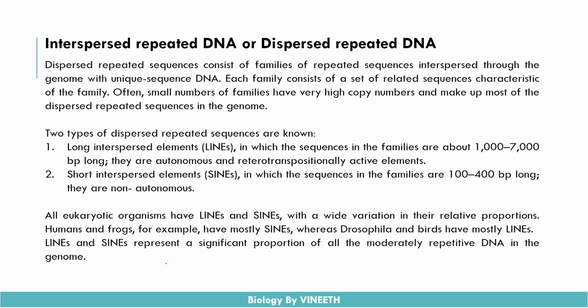So LINEs: the name stands for long interspersed nuclear elements. They contain 1000 to 7000 base pairs per unit. So the repeating unit will contain 1000 to 7000 base pairs, and because of such huge size, these are regarded as long interspersed nuclear elements.